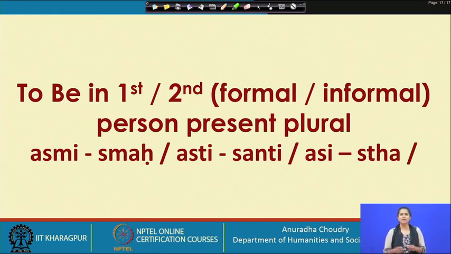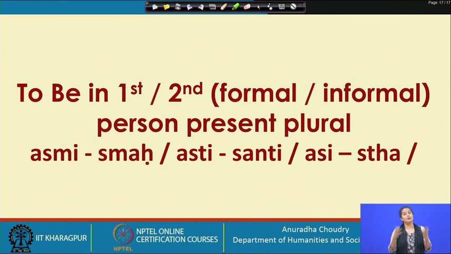Now let's look at the first person, the second, formal and informal, and see what happens to the verb asti when we are conjugating it with these different persons. So in the first one we have asmi, aham asmi, and we have the famous Upanishadic statement which says aham brahma asmi, aham brahmasmi.